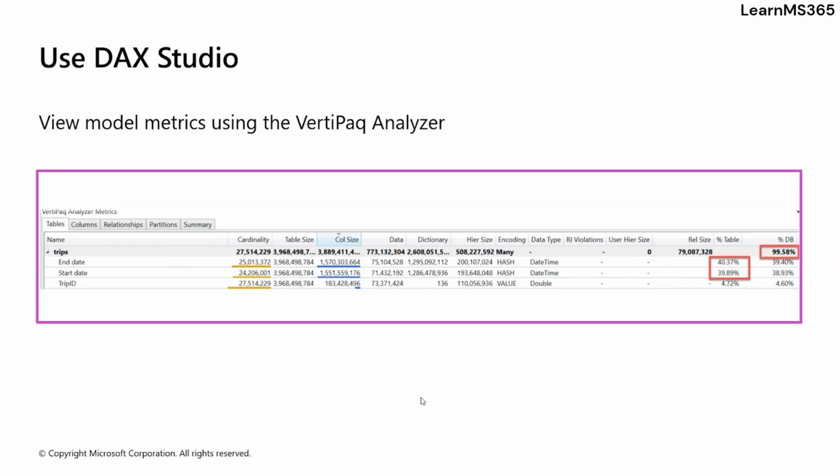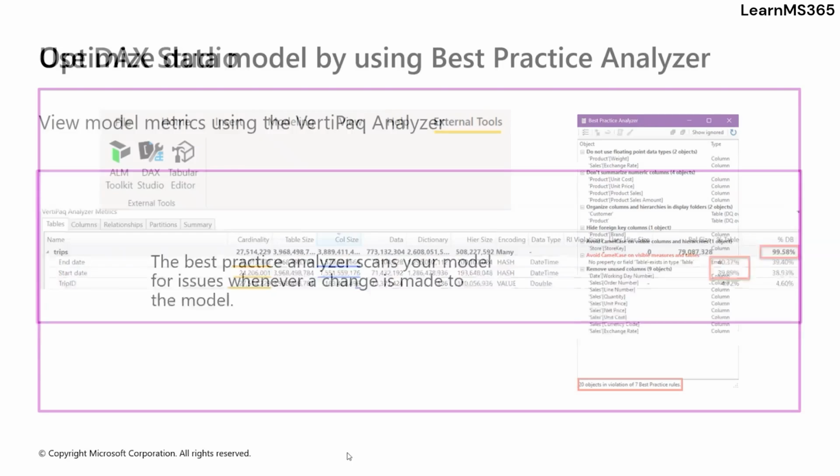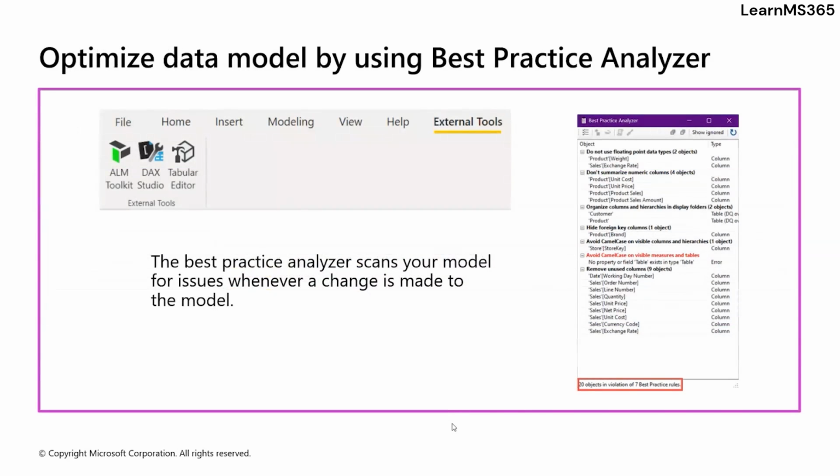Now let's move on to our next slide. Optimize the data model by using Best Practice Analyzer. Tabular Editor is an alternative tool for authoring tabular models for Analysis Services and Power BI. Tabular Editor 2 is an open source project that can edit a BIM file without accessing any data in the model.